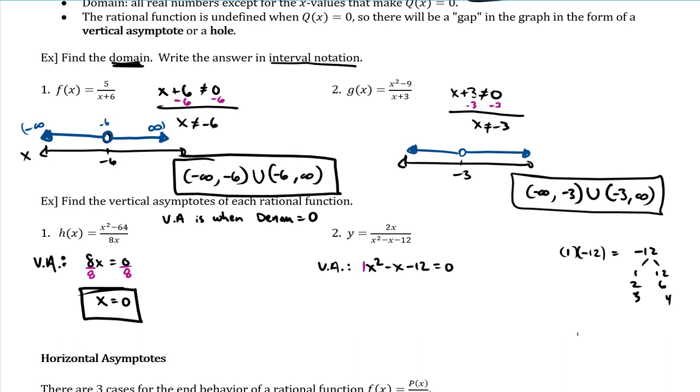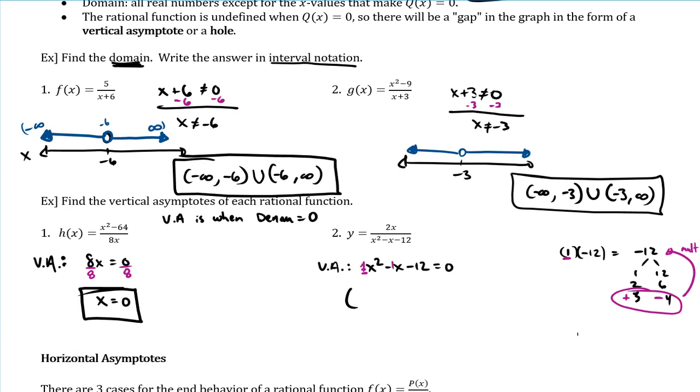So I need to do that, because positive 3 and minus 4 would add up to be negative 1. Also notice that when these multiply, it does match the negative 12.